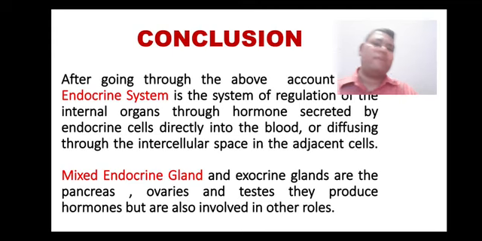Mixed endocrine and exocrine glands are the pancreas, ovaries, and testes, and they produce hormones but are also involved in other roles and have significant roles in the human body.